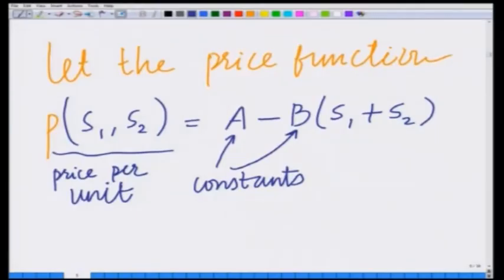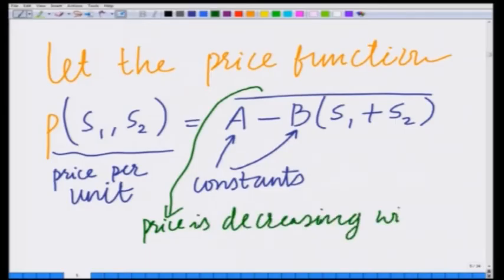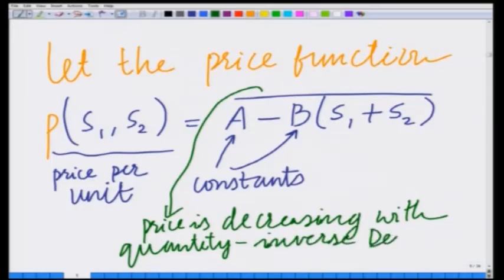And also you look at this, the price is decreasing with the quantity, and this is also termed as an inverse demand function, which is basically the modeling of the price with the total quantity, that is, as the total quantity of the good is increasing, then the price per unit is decreasing.